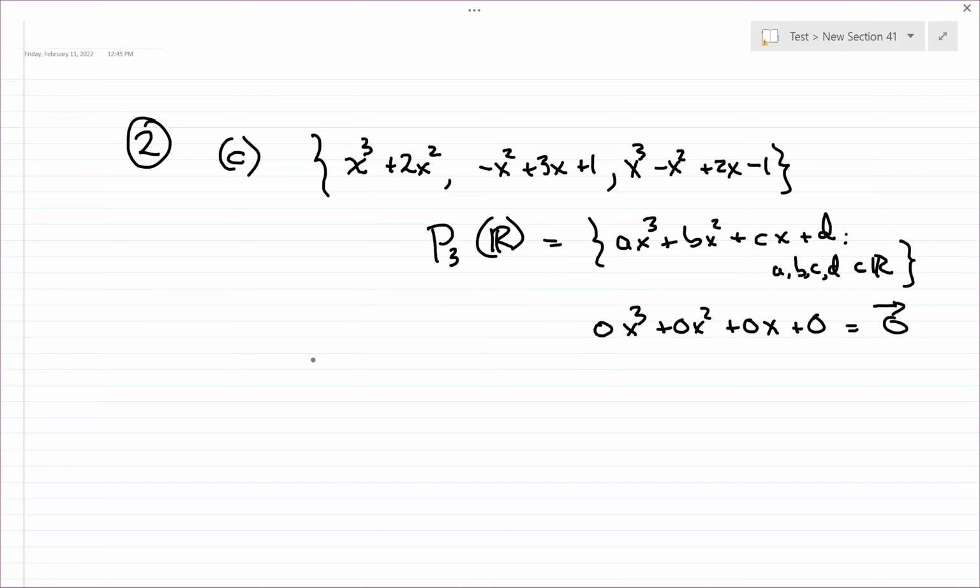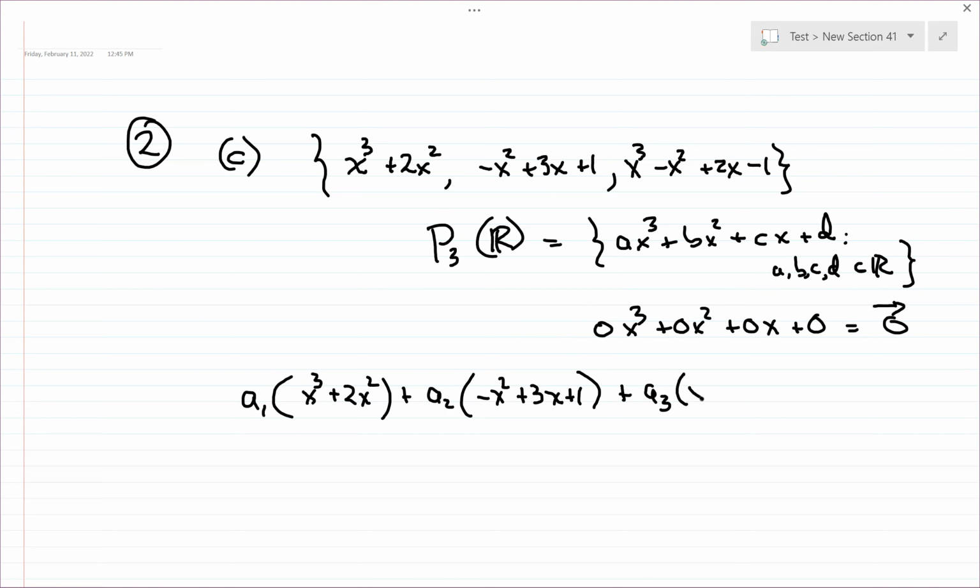Okay, what are we checking? We're checking whether if you take the first polynomial, multiply it by a1, and then take the second polynomial and multiply it by a2, and then add it to the third polynomial multiplied by a3, is that equal to the zero polynomial?